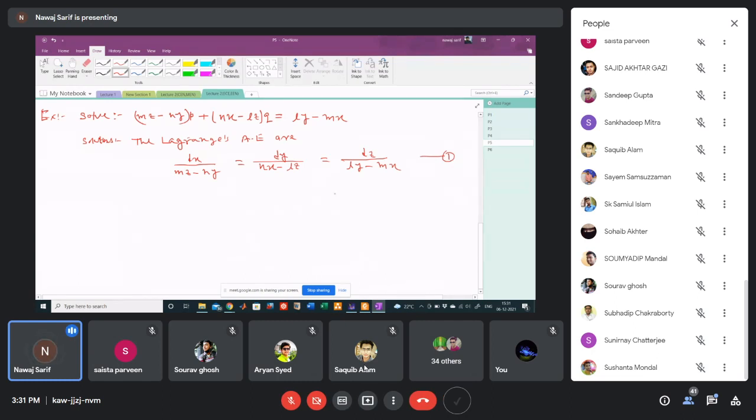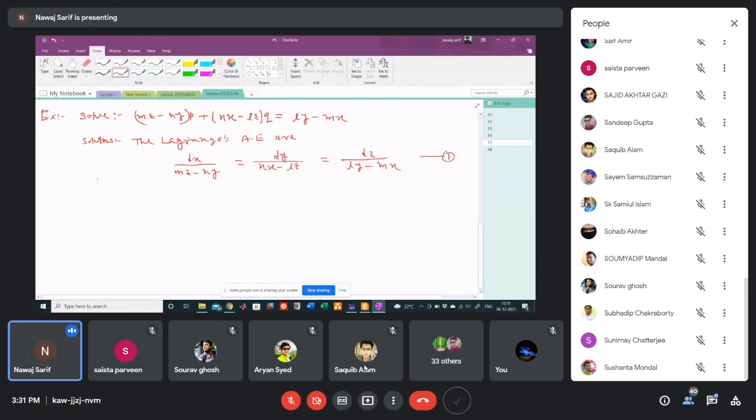Now just look at this equation, that is mz minus ny, nx minus lz, and ly minus mx. You cannot eliminate any term from the denominator. So rule 1 and rule 2 cannot be applied to this equation, so for that we have to use multipliers. If you first multiply by l, m and n, what will you get?